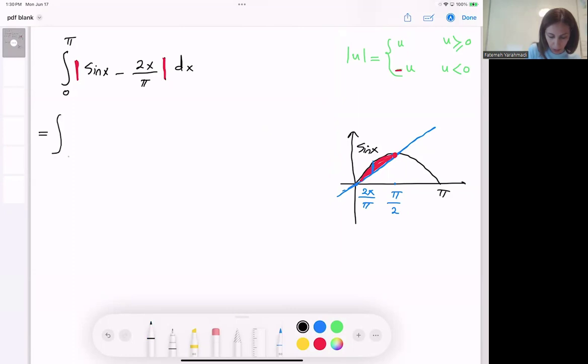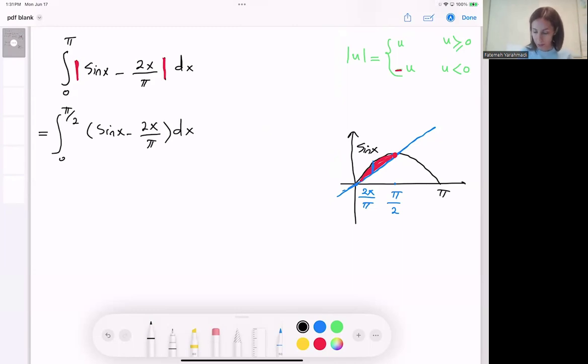This is the integral from 0 to pi over 2. Your goal is to get rid of the absolute value. How to get rid of absolute value? Remember the definition of absolute value. As long as your quantity is positive, the absolute value vanishes, it disappears. So you get sine x minus 2x over pi dx.